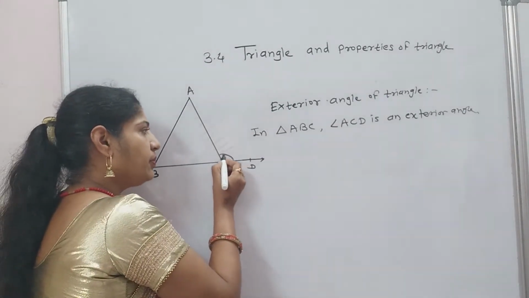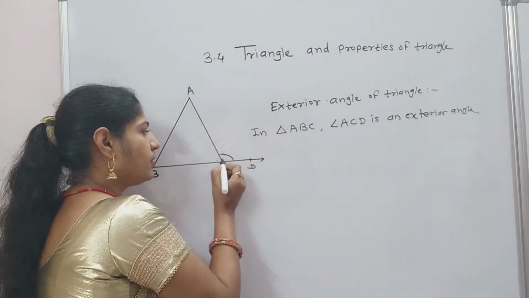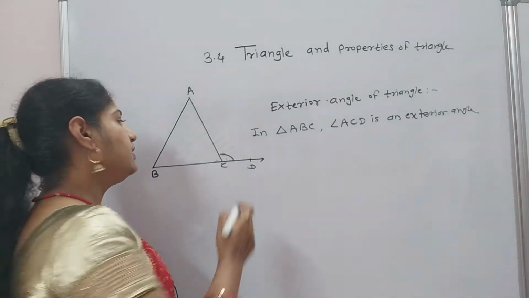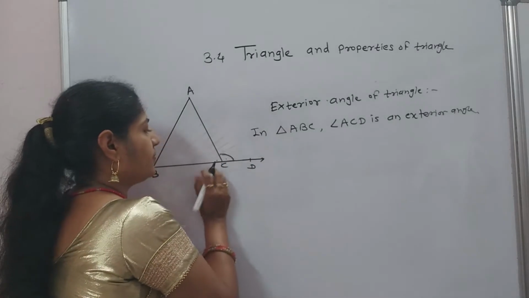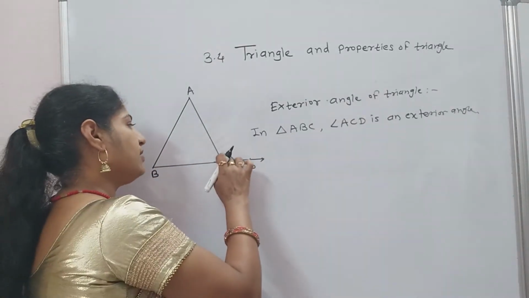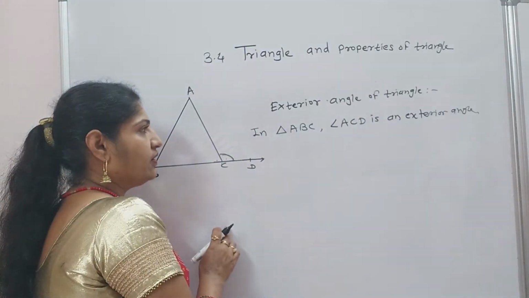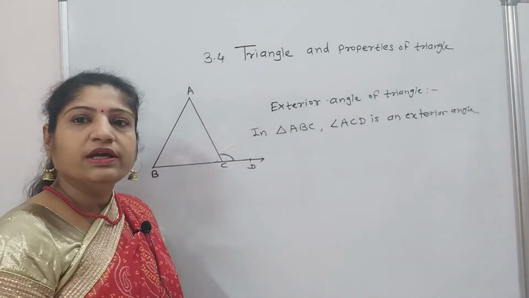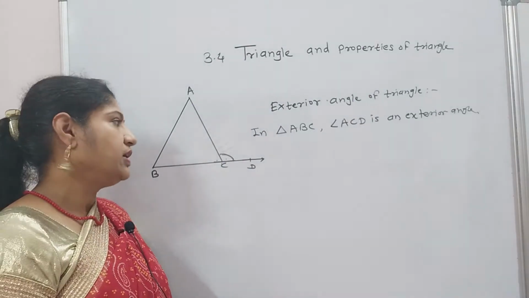The linear pair formed with the interior angle of a triangle is the exterior angle. The sum of these two angles is 180. Then this angle is called the exterior angle. An angle which forms a linear pair with the interior angle is called the exterior angle.